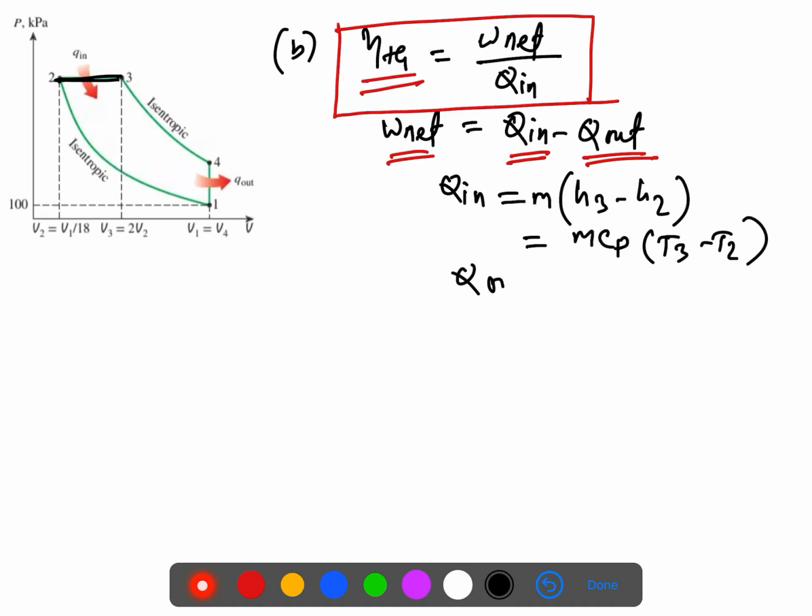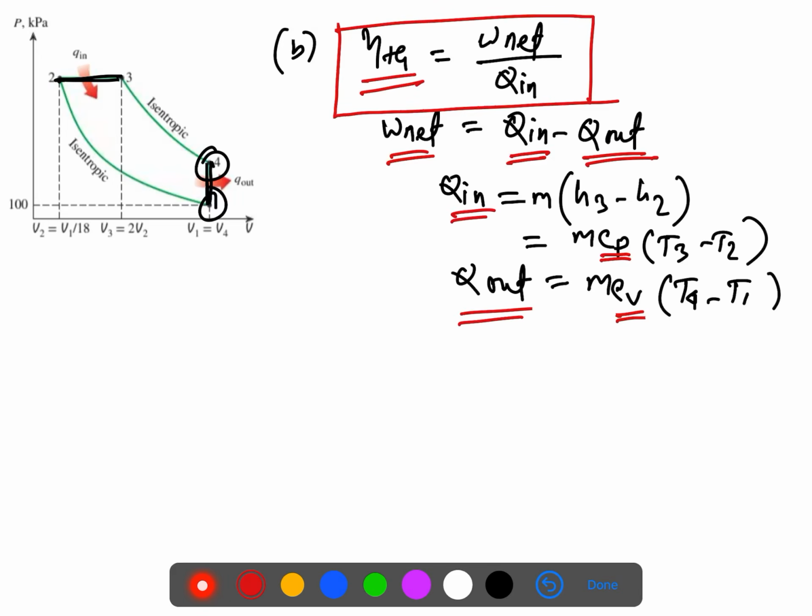Similarly, heat out is happening for process 4 to 1, so it is something similar. It is m Cv times T4 minus T1. Now you will ask me why it is Cv and why it is Cp. For Q output you said constant volume, and for heat in you said constant pressure.